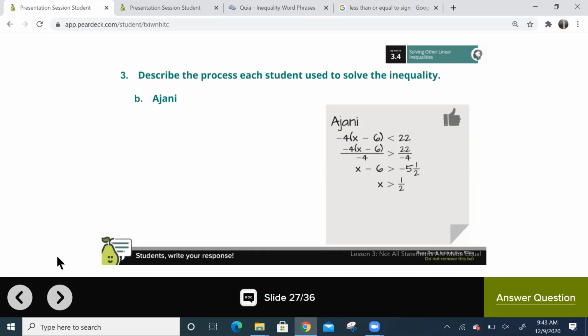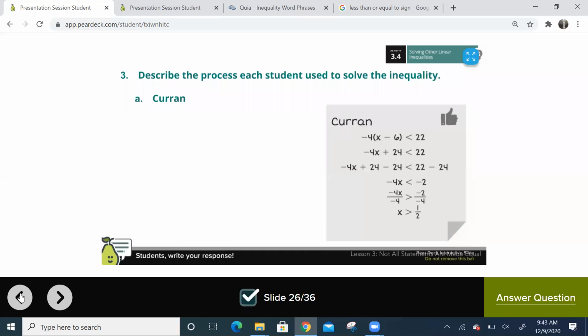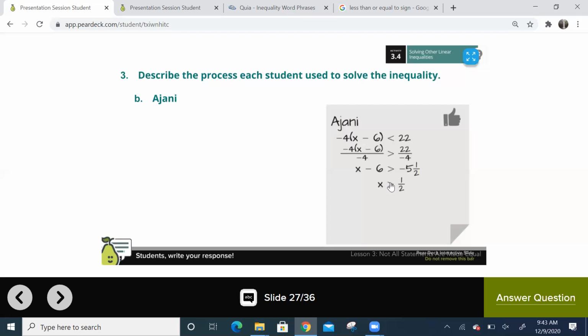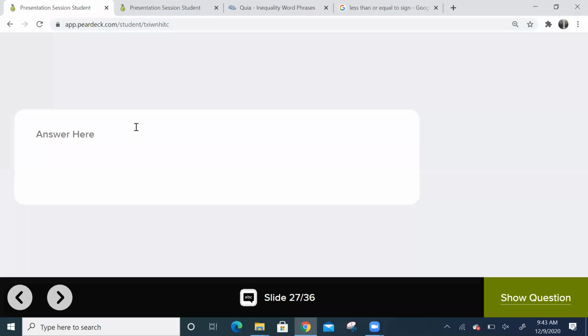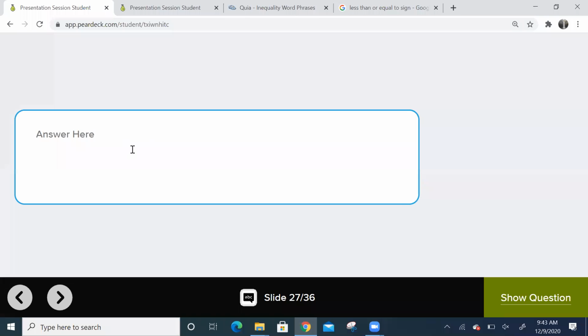I prefer to get the fraction at the last step instead of the second to last step, where we have to deal with negative 5.5 plus 6. So that's just a hint: if you're going to divide, make sure the number on the other side is divisible by the number you're dividing by.